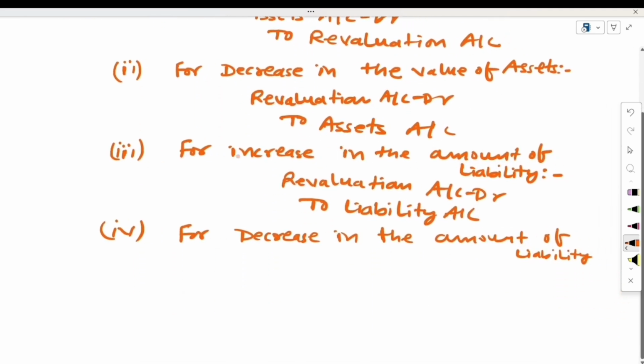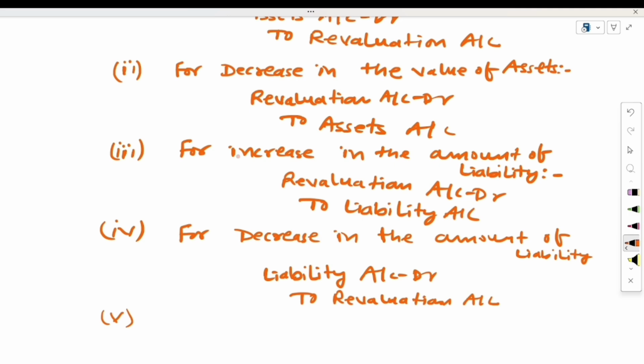For decrease in liability, we will make an entry: liability account debit to revaluation account. This entry we will pass for decrease in liability.